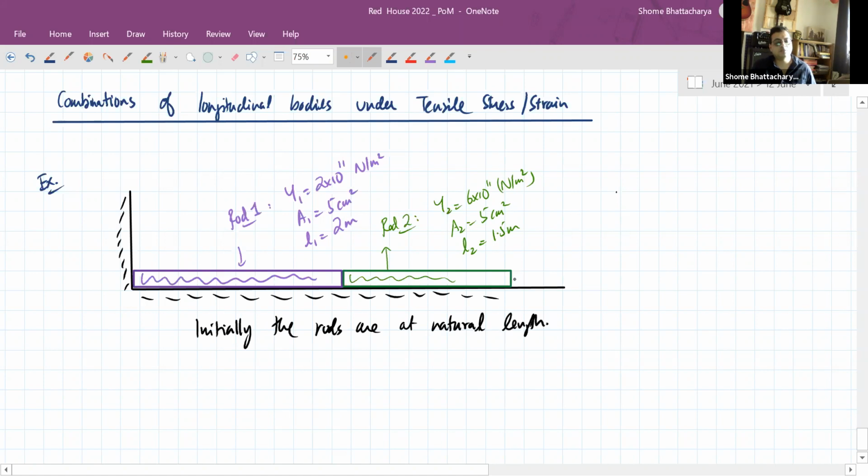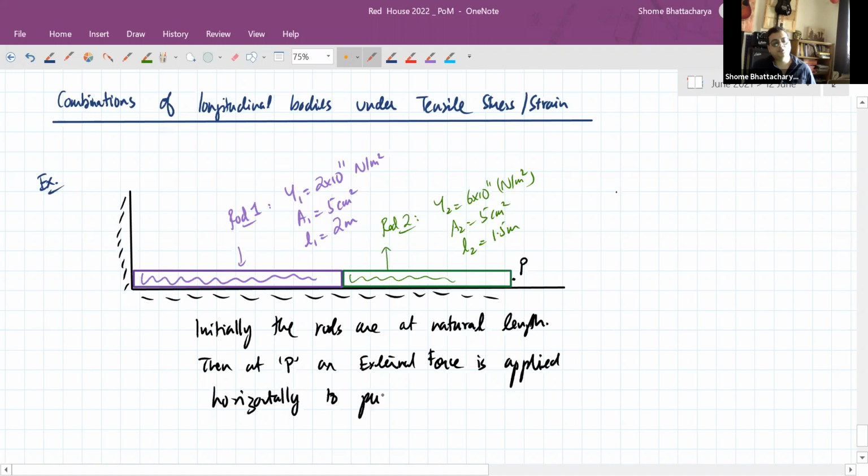Then what is happening is at the point P over here, an external force is applied horizontally to push the system against the wall.